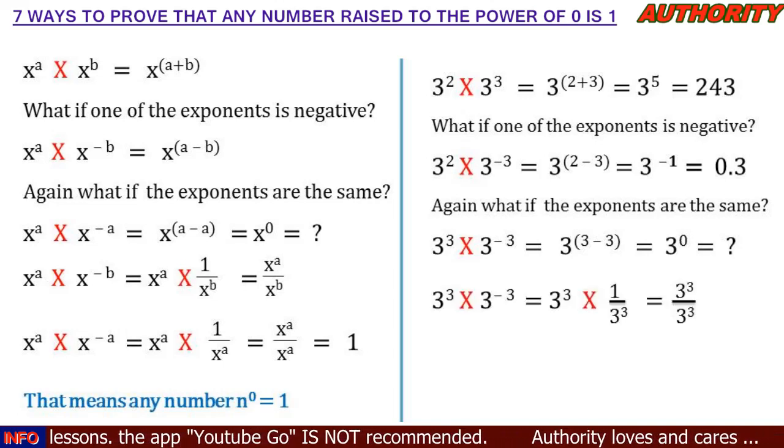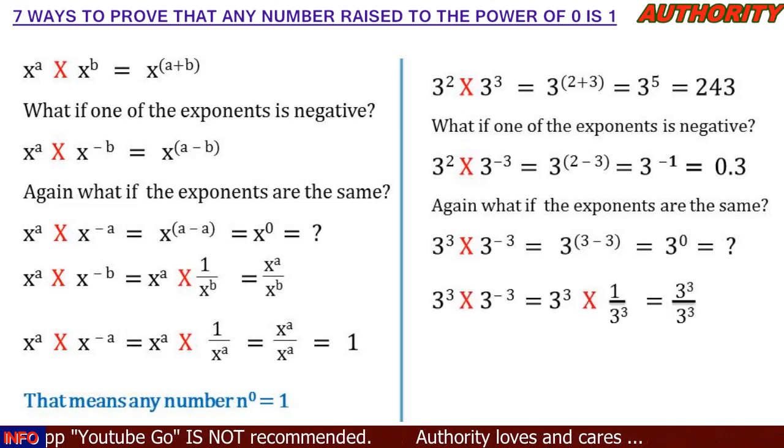So when you say 3 raised to power 3 times 3 raised to power minus 3, initially it's going to give you 3 raised to power 0. Okay? Now let's solve it. You can simply say 3 raised to power 3 times, this 3 raised to power minus 3 is going to give you 1 all over 3 raised to power 3. Is that true? Yes.